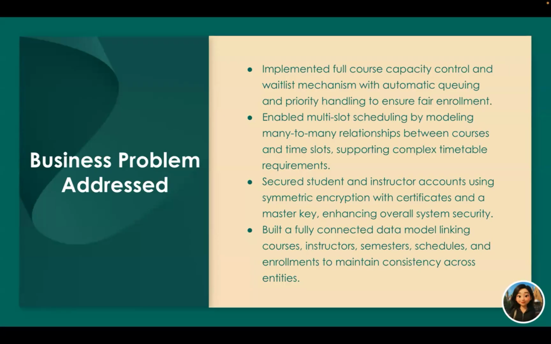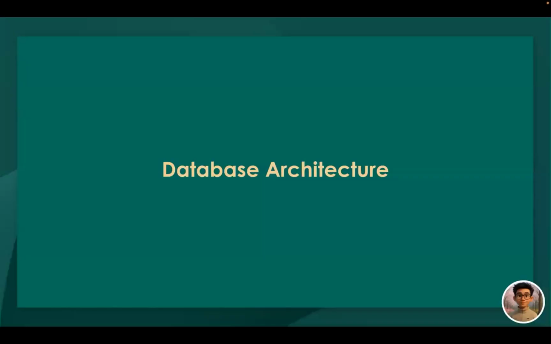To secure the system, we applied symmetric encryption with certificates and a master key to protect both student and instructor accounts. Lastly, we built a fully connected and consistent data model that links courses, instructors, semesters, schedules, and enrollments, ensuring seamless integration across all entities. Next, I will hand it over to Liang, who will explain the data architecture in more detail.